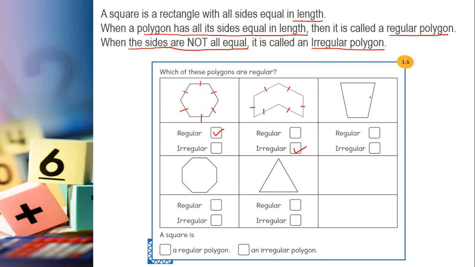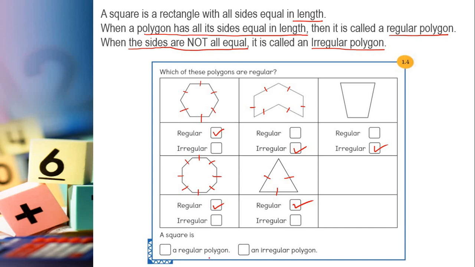Now tell me, is this a regular or irregular polygon? Irregular polygon. This one? Yes, it is a regular polygon with all sides with equal length. Is this a regular or irregular polygon? Yes, this is also a regular polygon with 3 sides equal length. Is it clear, children?